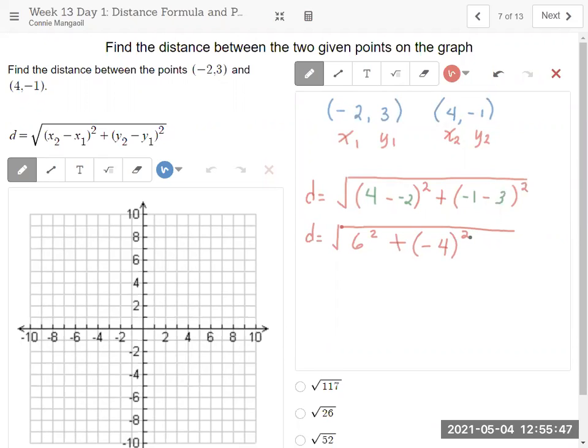Because sometimes the mistake is not because you do not know how to do it, but you messed up with how to add or subtract the numbers. Okay? All right, so you have d equals the square root of 6 squared is what? So we're now evaluating what is 6 squared.